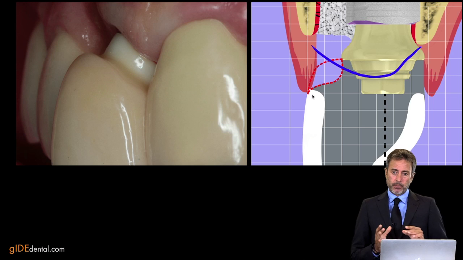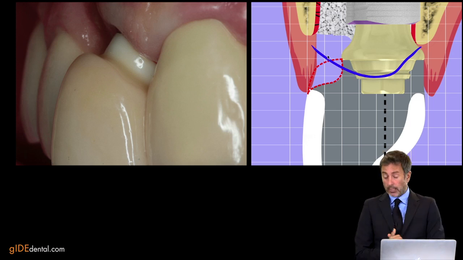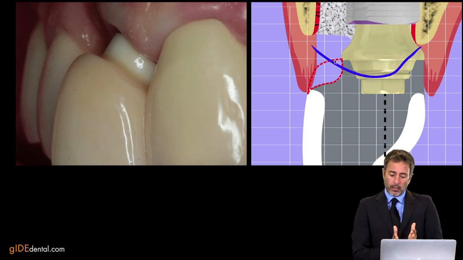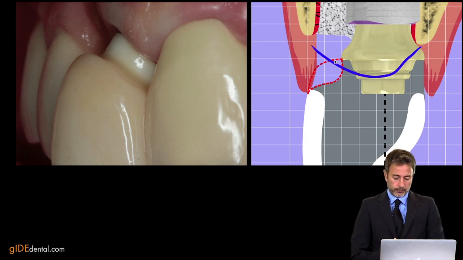Which means that we are going to play, let's say, with the emergence profile in the last 2 millimeters of the transmucosal contour. And this is between these two red dotted lines. So in these lines, we can push the soft tissue or we can avoid pushing the soft tissue, according to the clinical case.